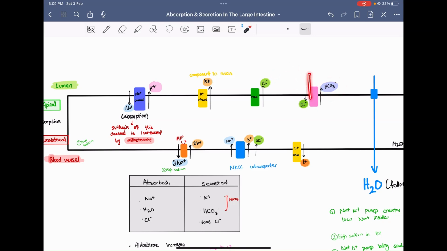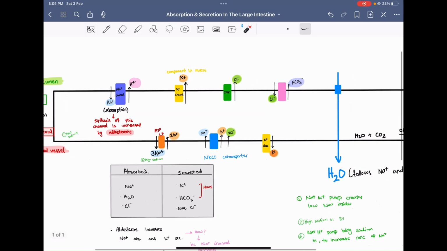So you can't have everything going in one direction, because even the sodium isn't going in one direction, because then how will you regain the concentration gradient? So that's why you have different channels doing different things for one ion. But it's important to know that the net, or the majority of chloride, is going to be absorbed.